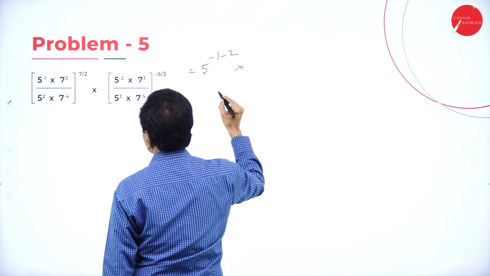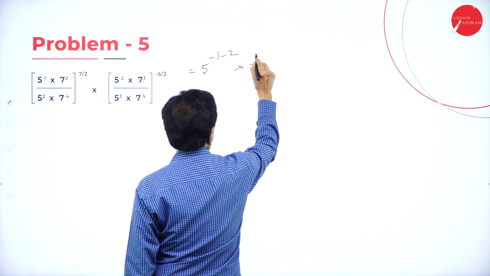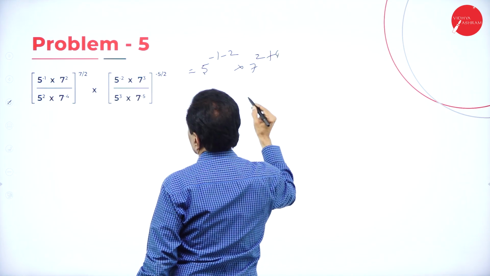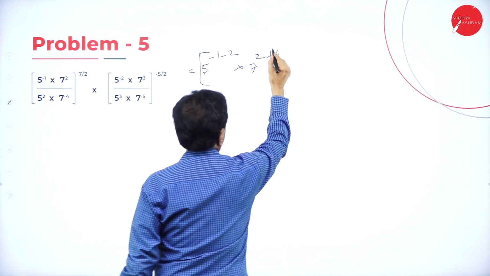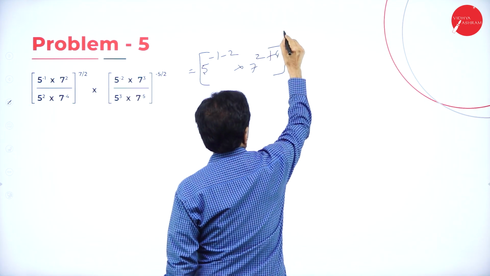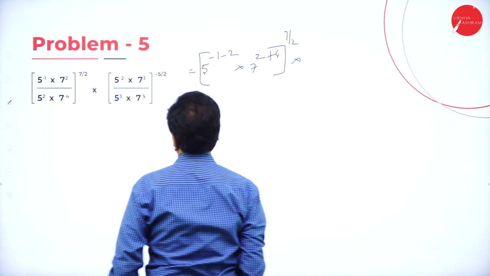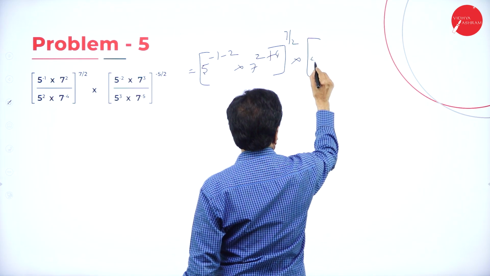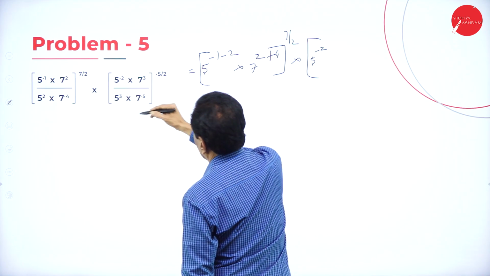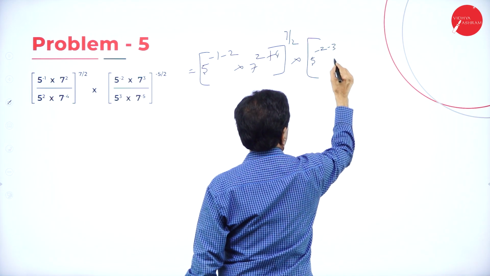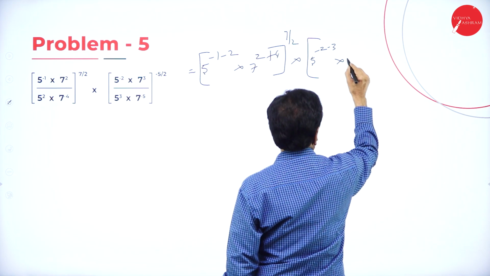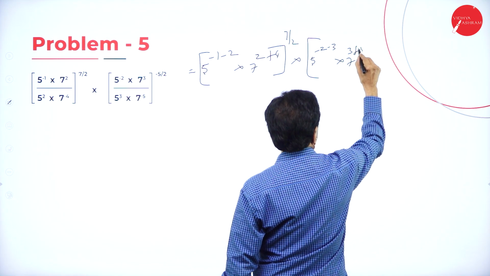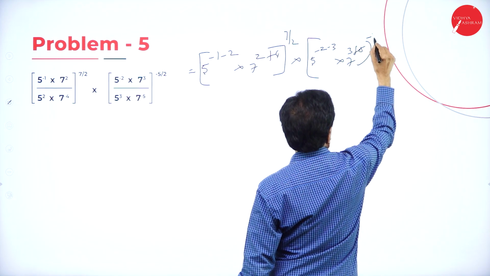This can be written as 7 to the power of 2 minus 4 becomes plus 4 to the power of 7 by 2. This can be written as 5 to the power of minus 2. If it goes minus 3, this is 7 to the power of 3. Minus 5 becomes plus 5 to the power of minus 5 by 2.